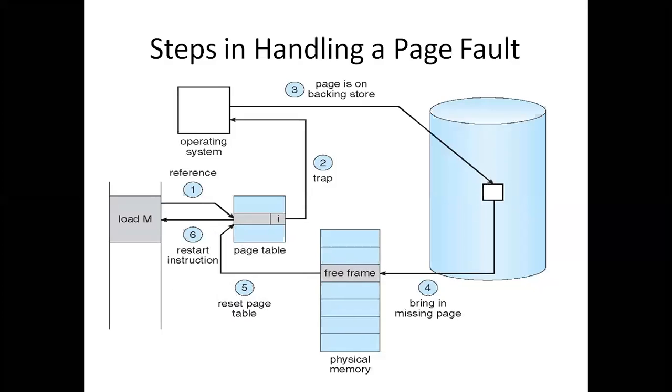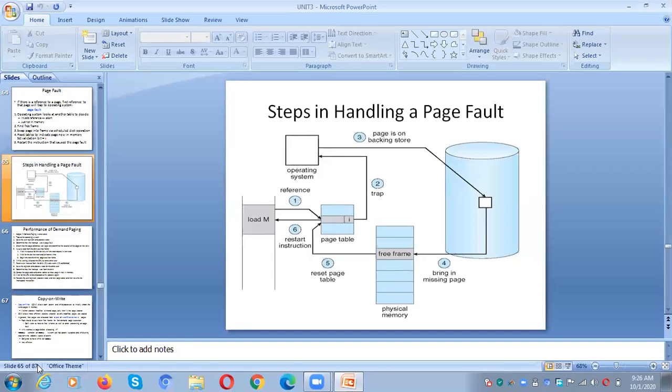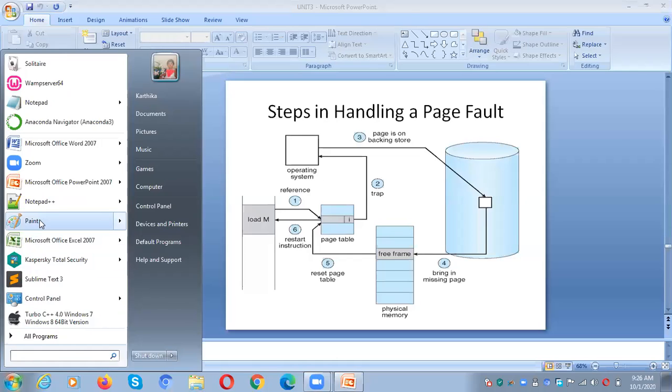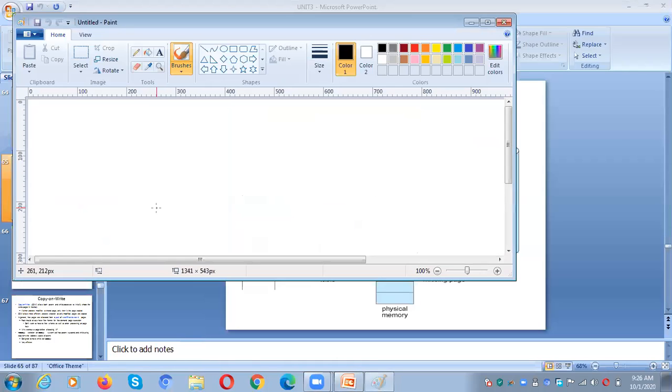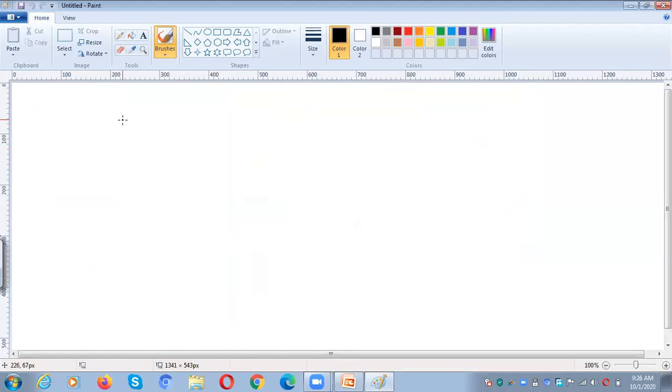So if there is a free frame in the main memory, okay. If there is no free frame, what do you have to do? For example, now you want to load M, right? So you refer that particular thing in the page table.